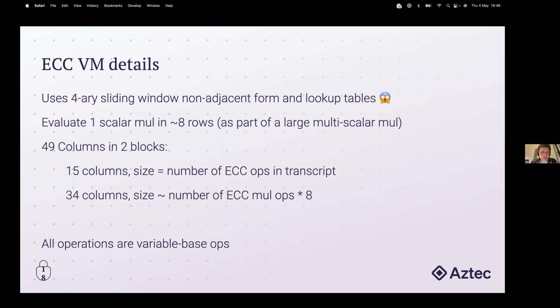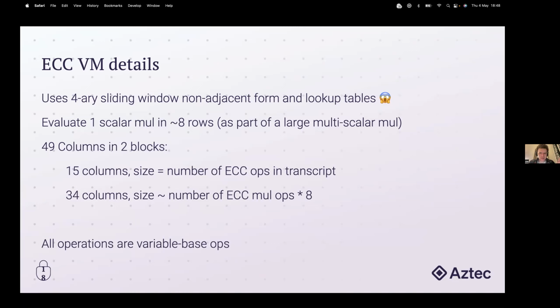So my thoughts are, take the best algorithm that exists in the real world and put it in a circuit using lookup tables, where you use this 4-bit sliding window non-adjacent form method. You take your input scalar multiplier and split it up into 4-bit slices, but each slice isn't 0 to 15.